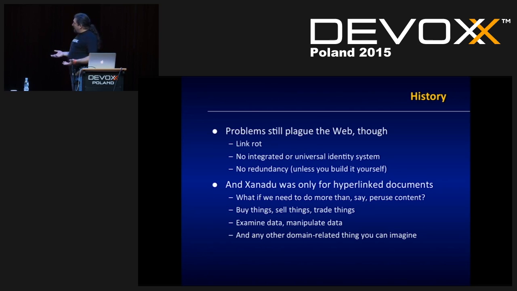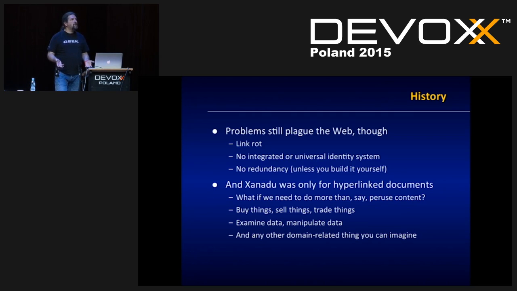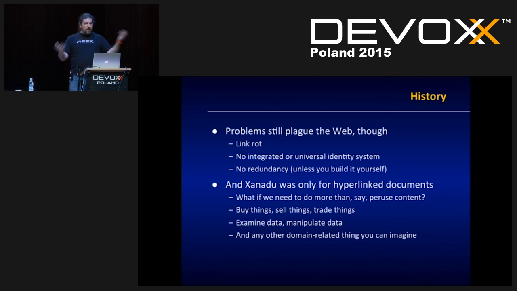The other thing that we've got, we have no integrated universal identity system. This is creating bigger and bigger problems for us today. To see it, all you have to do, quite frankly, is go to any CNN story, anything in the United States.